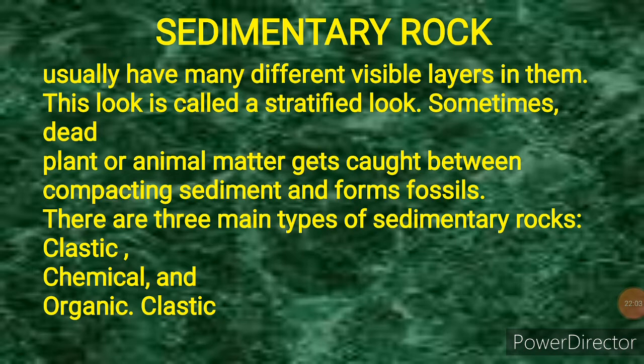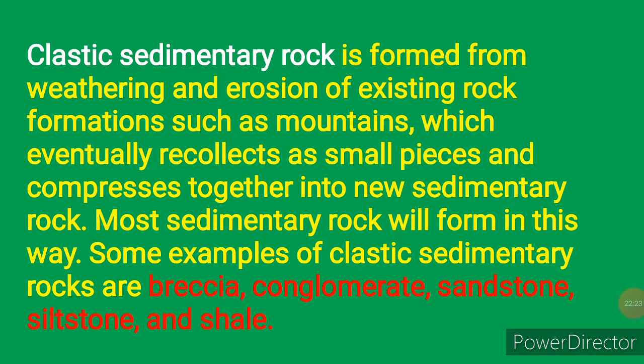Alright? Now, there are three main types of sedimentary rock that are formed. They are clastic, chemical, and organic. Clastic sedimentary rock is formed from weathering and erosion of existing rock formations, such as mountains, which eventually recollect as small pieces and compress together into new sedimentary rock. Most sedimentary rock forms in this way.